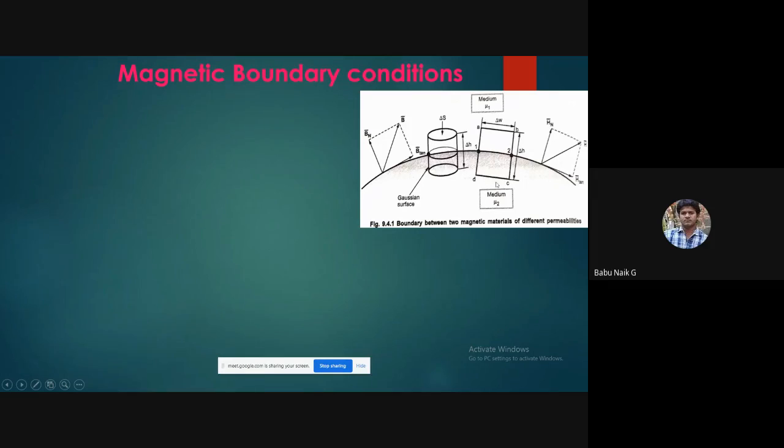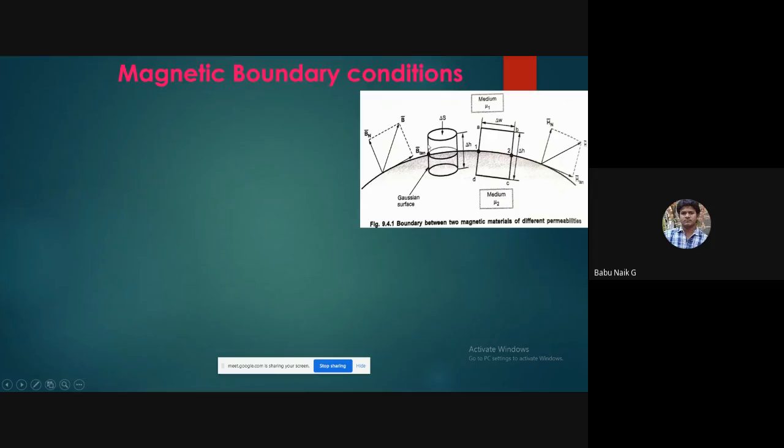Medium 1 is above and medium 2 is below, and both are magnetic materials depending on their relative permeability, such as the paramagnet, ferromagnet and diamagnet we have already seen. Your main concentration should be on the boundary condition and how the fields behave there. To calculate it, we consider either Cartesian, spherical or cylindrical coordinates.